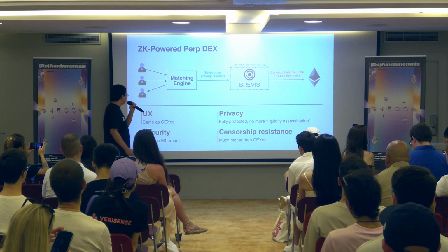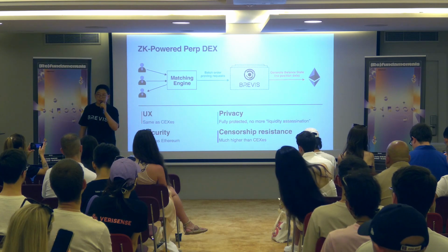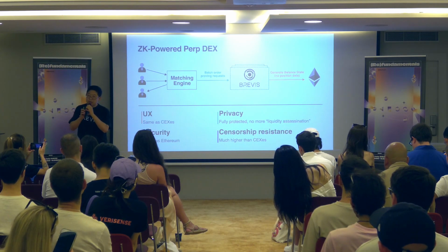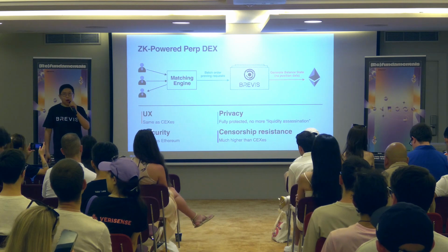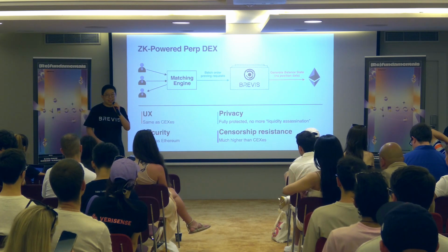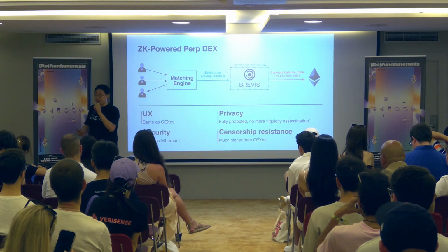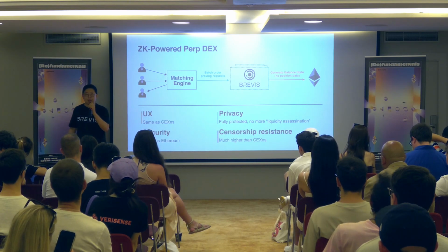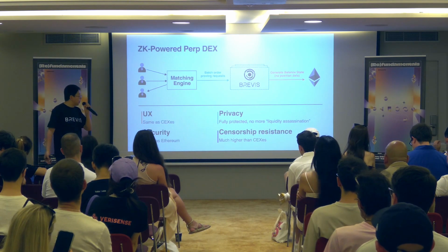Finally, I just want to touch on the perpetual swap space as well. We all know what happened on Hyperliquid. Some liquidity provider, some trader really got assassinated on chain because their position is publicly visible to the entire trading community.